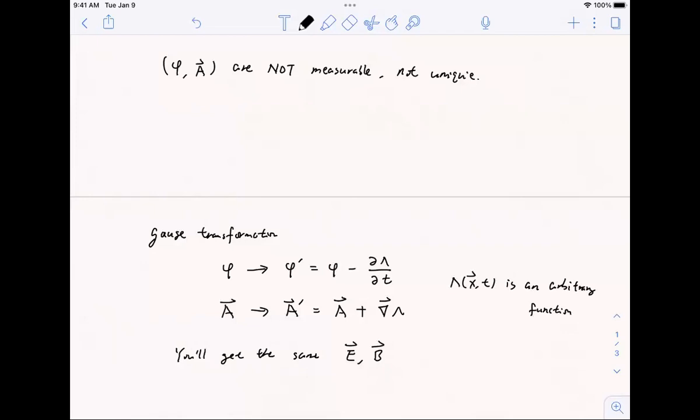It's an arbitrary smooth function. I mean, it needs to be smooth so that it is differentiable.